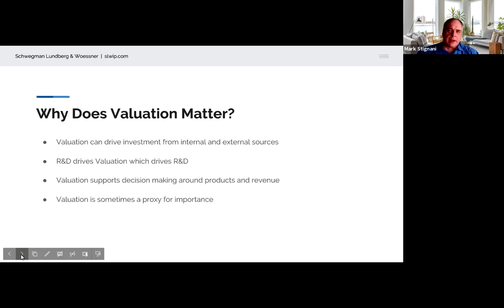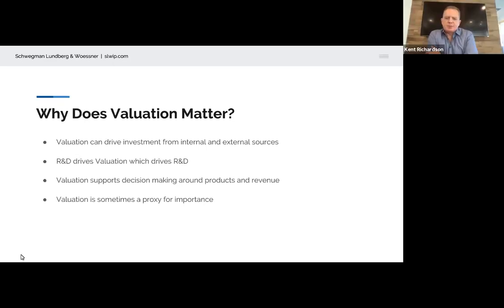Qualitatively, we're talking about the quality of this particular thing we're establishing a valuation for. So we use this as a proxy for value. We use it as a proxy for importance. We have it as a proxy for a number of things, but it's really a baseline note in a storytelling narrative inside of a business. Next slide, please, Michelle.